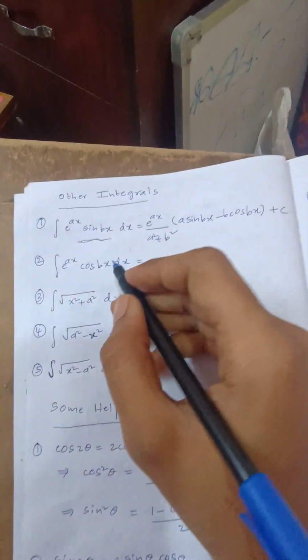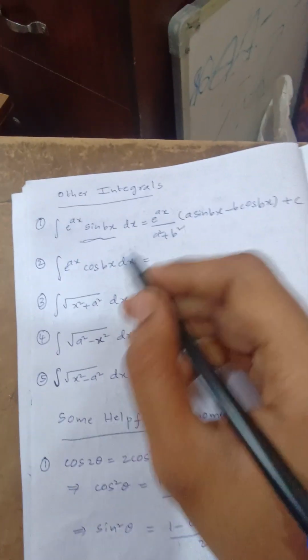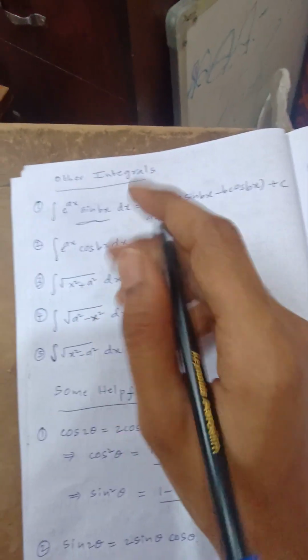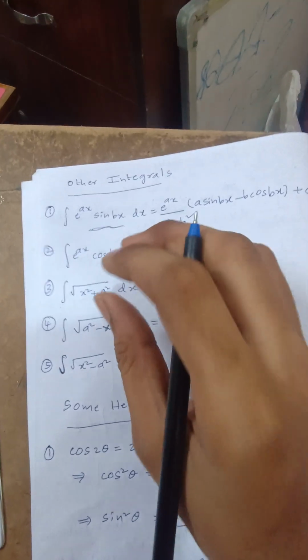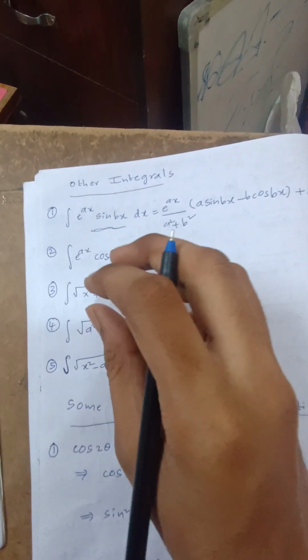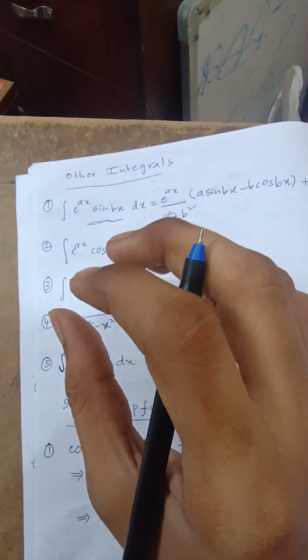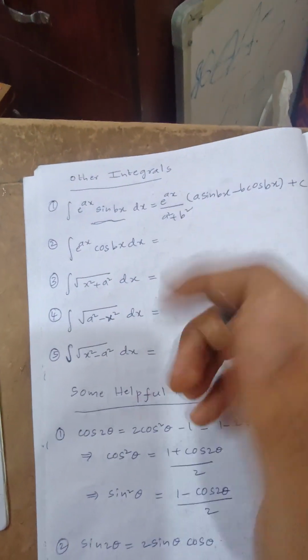You can remember this with a trick: sin x is an odd function. You already know that for an odd function, if we substitute minus x, we get minus f of x. If after substituting minus x in place of x we get f of x only, then that is called an even function.